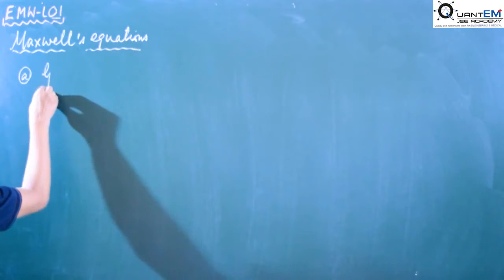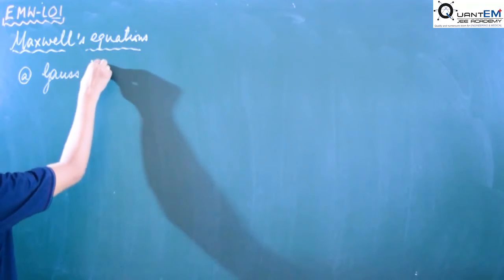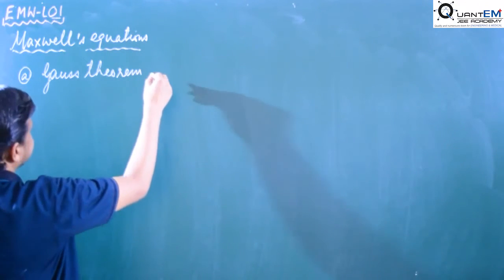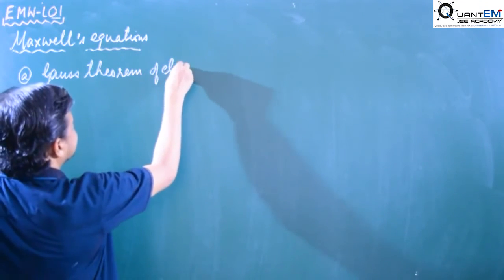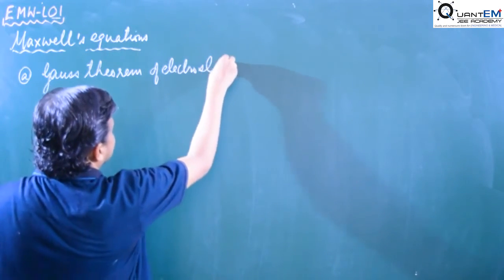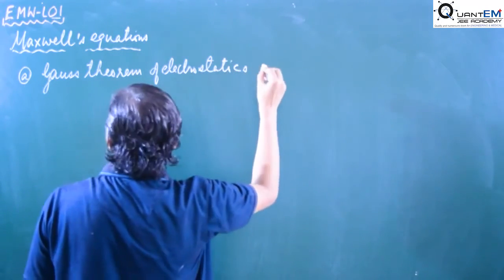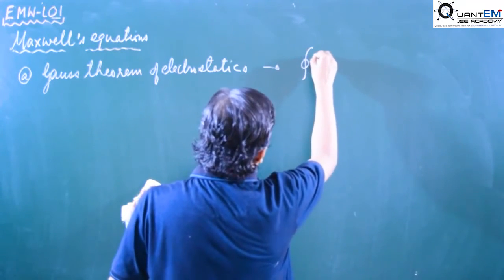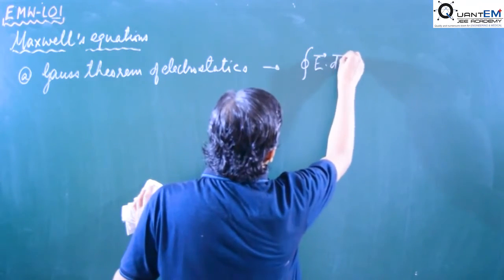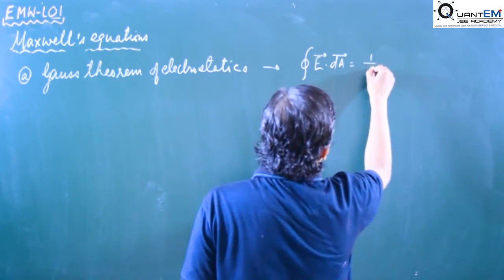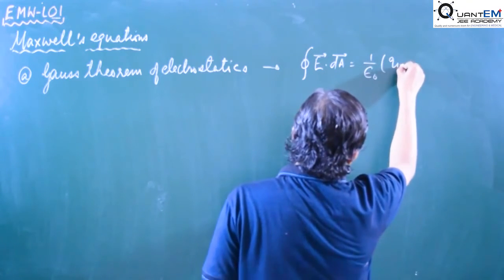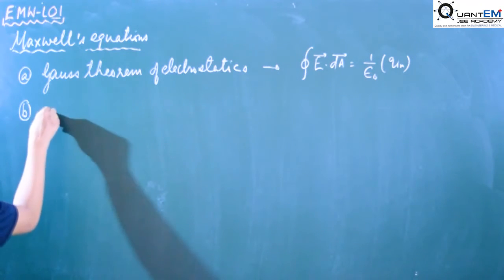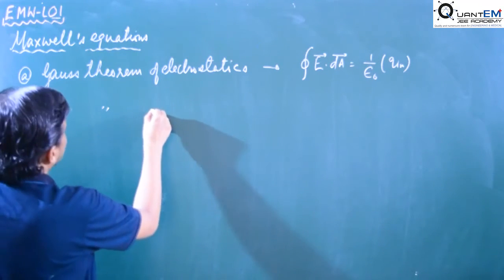First is the Gauss theorem of electrostatics, that is, the integral over the closed surface of E dot dA is equal to 1 by epsilon naught into the charge enclosed. Next equation is the Gauss theorem for magnetism.